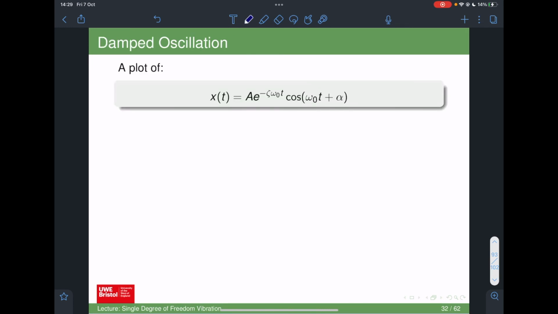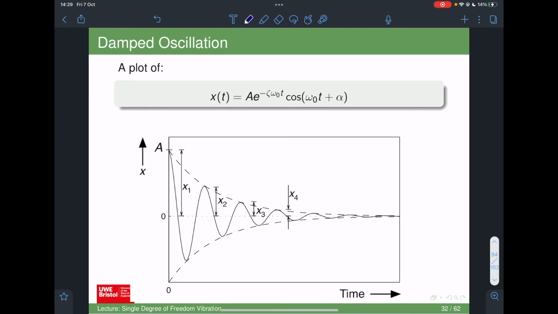So if you were to plot this equation, you end up with a situation like this. Here the dashed lines represent the boundaries, the decaying exponential bit, but the solid line is our oscillation.